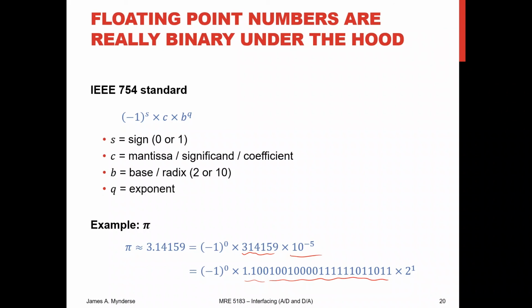So our assumed base is 10, and then our exponent is -5. And so if we have a scheme where everybody knows that this is the scheme we're using with a base 10, then we only have to code the 0, the 314159, and the -5, and then everybody knows what number we're talking about. Same sort of thing with the base 2 version. We can code that long thing, and we can code the exponent and the sign.